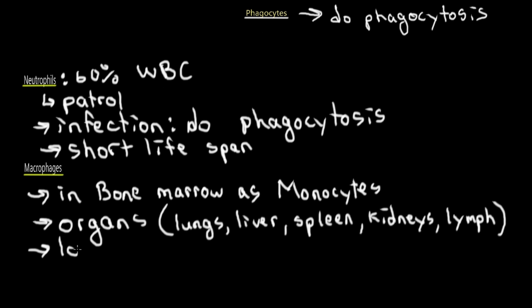They have a long lifespan, so they are long-lived, much longer than the neutrophils, but also going to be viciously dissolving different microorganisms that enter the body as part of the immune response. But the difference is they do not directly destroy the pathogens fully.